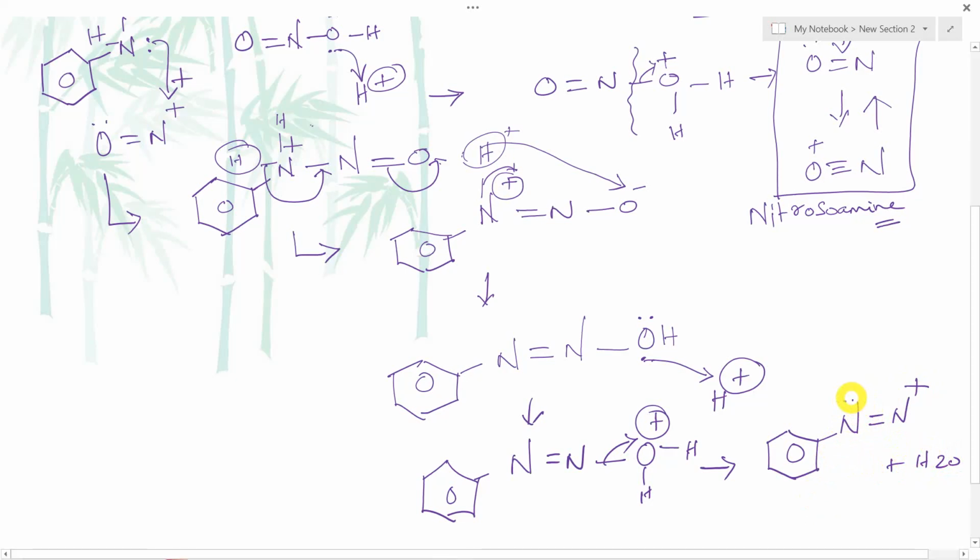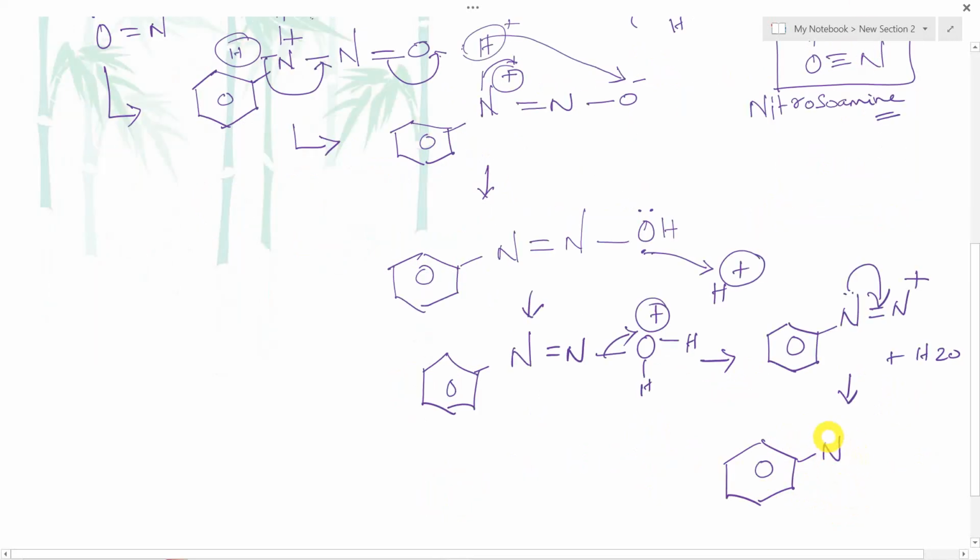So what it does is give out its lone pair of electrons here, and that gives rise to N plus triple bond N. So this is N2 plus. Right?